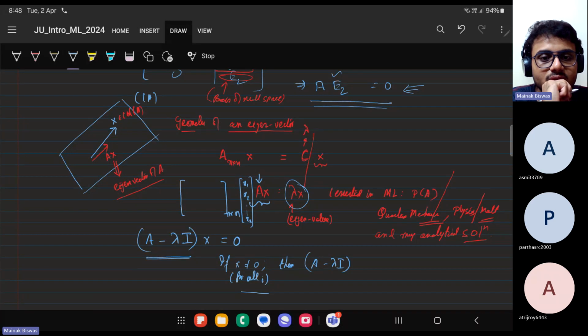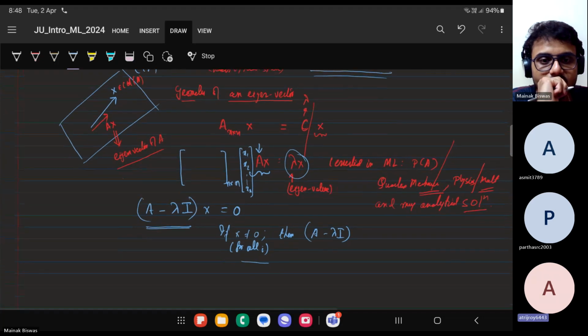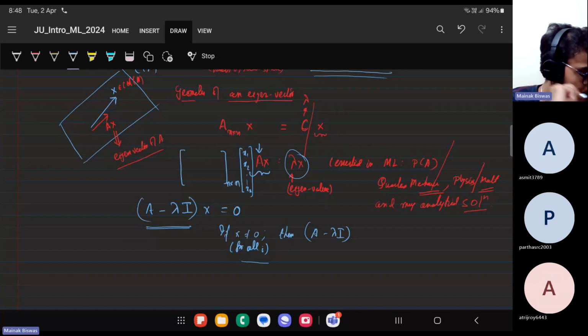What do you understand from this? Is this not familiar? Solution exists and determinant equals 0.